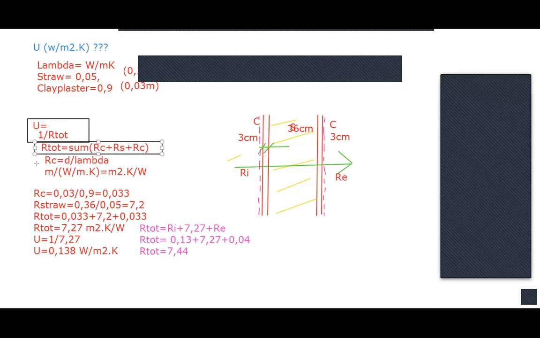The individual resistances are this distance divided by lambda, and lambda of basic materials you can always look up in tables of national annexes, because sometimes the annex for wood in Czech, for example, has a different number than the national annex for Austria.